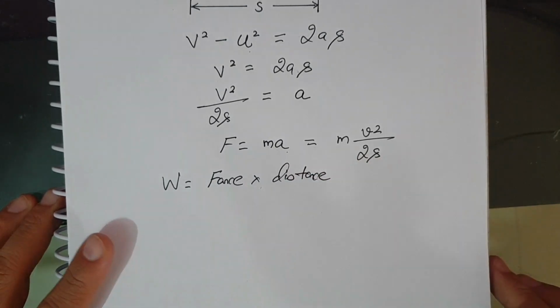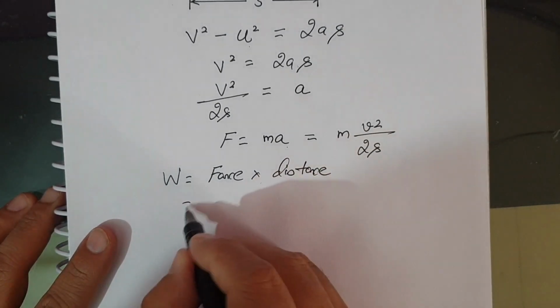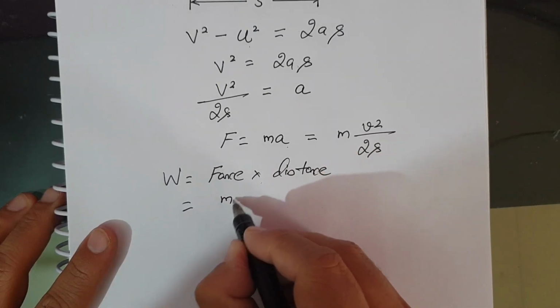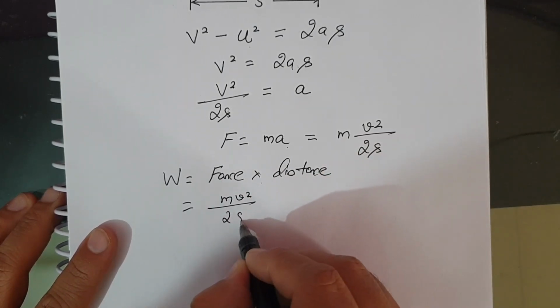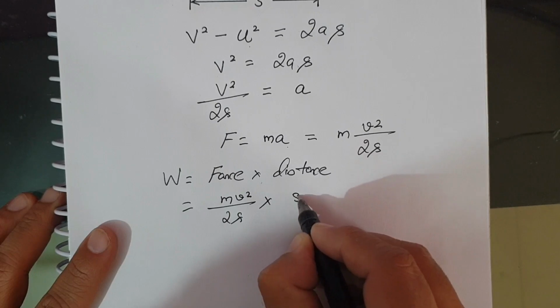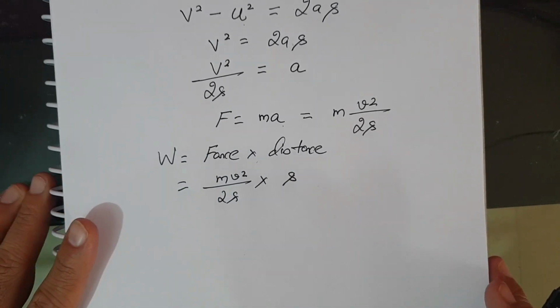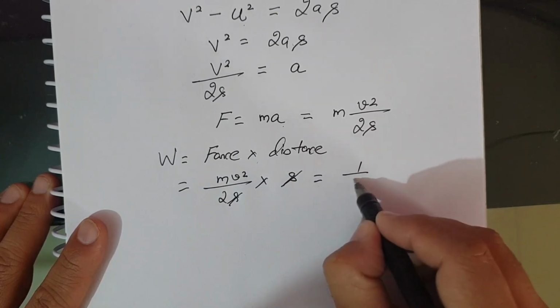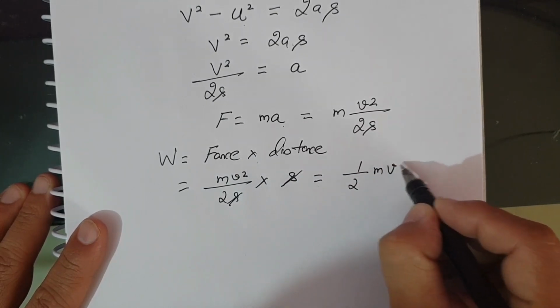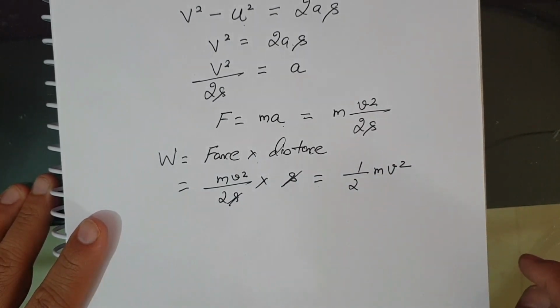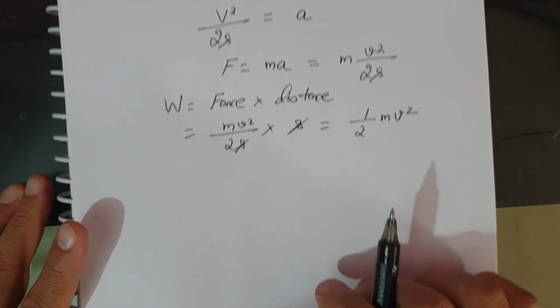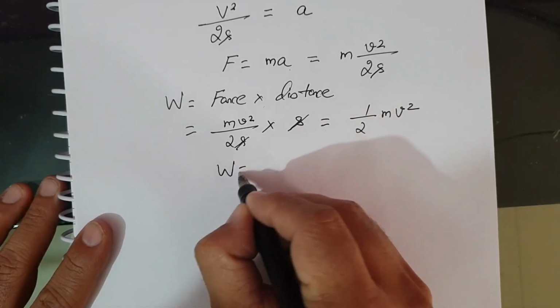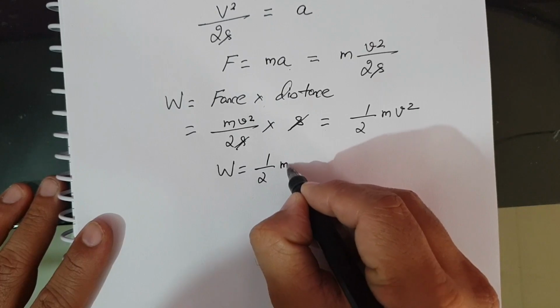Substituting the formula, this is m v square by 2s into distance, that is s. Now we can cancel out these s. What is left with us is half m v square. This W equals half m v square.